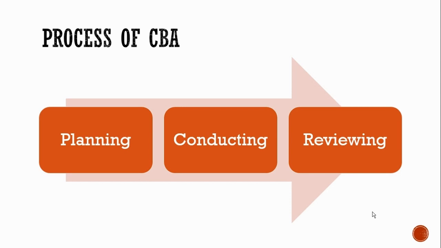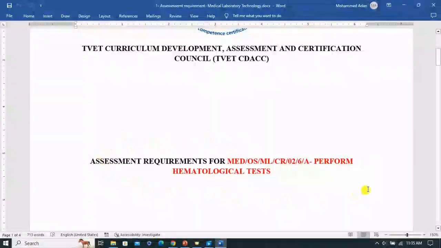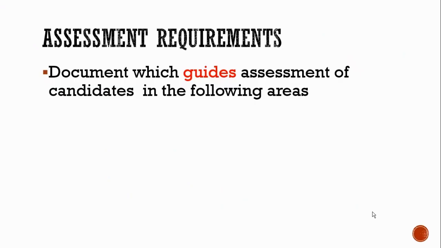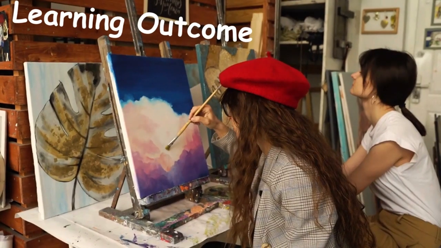So today we are looking at our second document, and that is assessment requirements. When we're talking about assessment requirements, we're saying that is a document which guides assessment of candidates in specific assessment areas. So there are a set of criteria that defines what learners need to demonstrate in order to achieve a particular learning outcome.